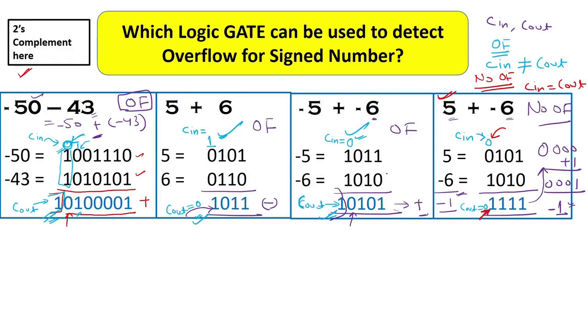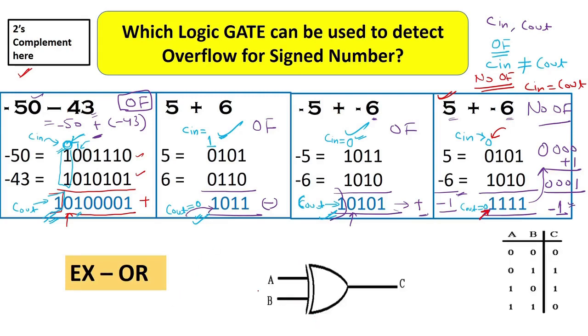So maybe some of you have got the idea of which logic gate we will use. Yes, we will use the XOR gate. Here you can see we have this XOR gate, taking the inputs A, B, and the output is C. The property of the XOR gate is that whenever we give two different bits as the input, let's say 0, 1 or 1, 0, we will get 1 in the output.